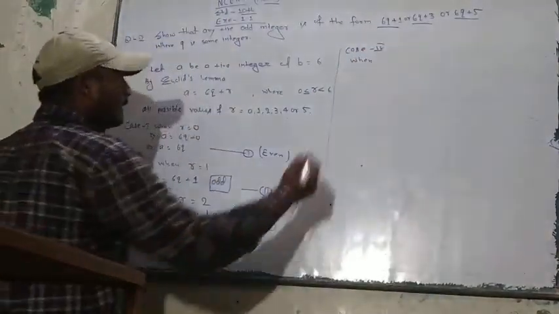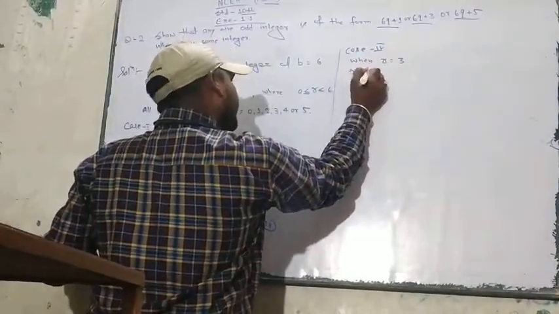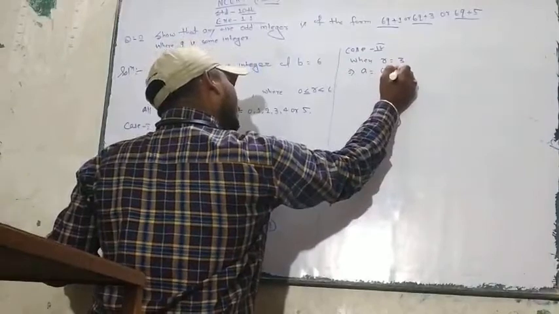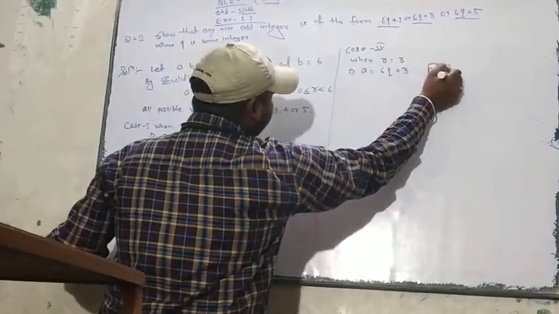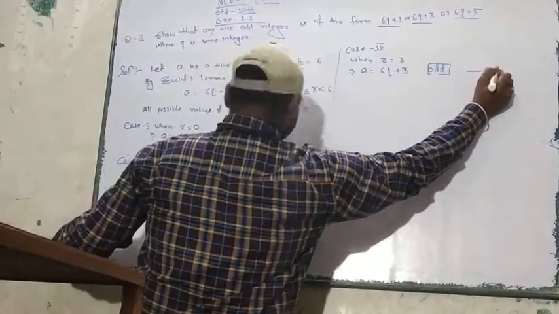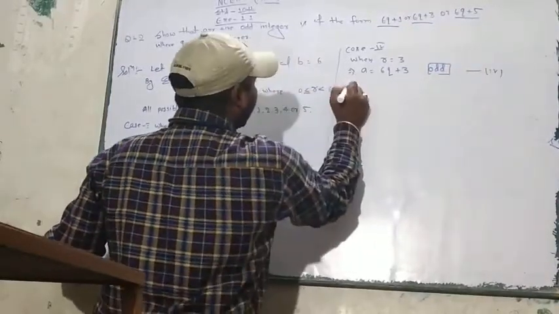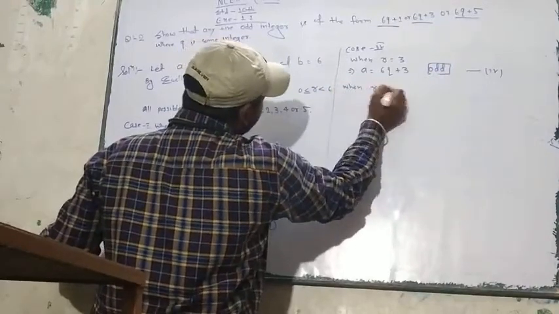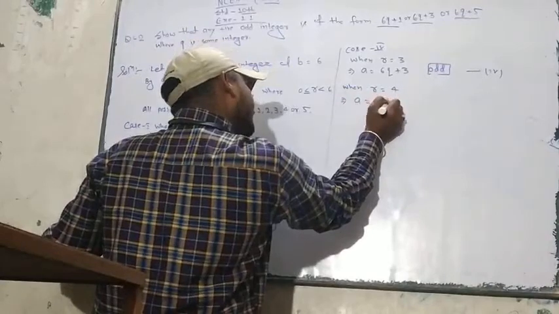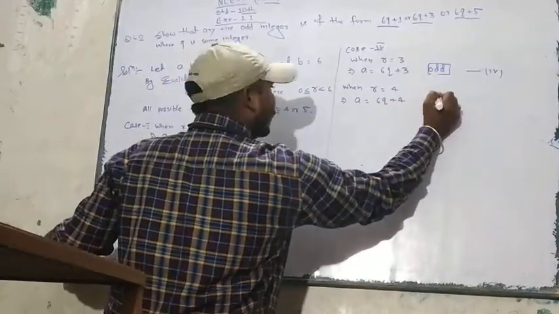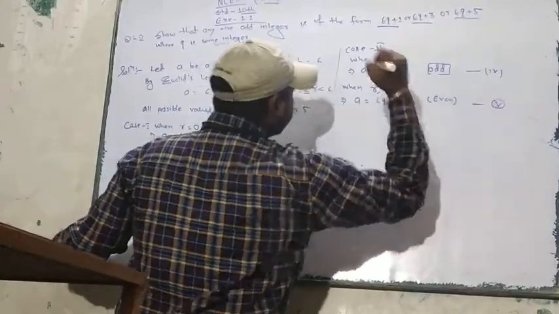When r is equal to 3, then a is equal to 6q plus 3. Is that an odd number? Yes, clear? Equation number 4: when r is equal to 4, then a is equal to 6q plus 4. It is an even number. And equation number 5.